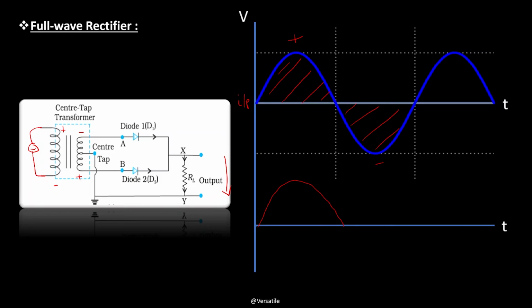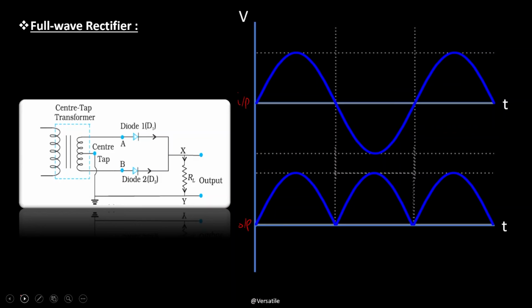So the diode D2 will conduct and again the current will flow through the load resistance RL in the direction X to Y. So again we'll get the output like this. And again in the next cycle diode D1 will conduct, and again in the next cycle diode D2 will conduct. So this cycle goes on and on. Okay, and we'll get our output as this.